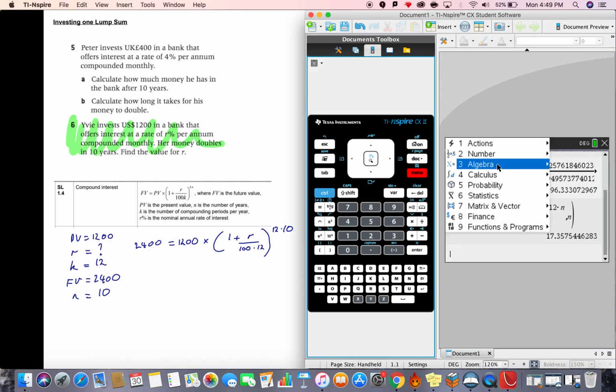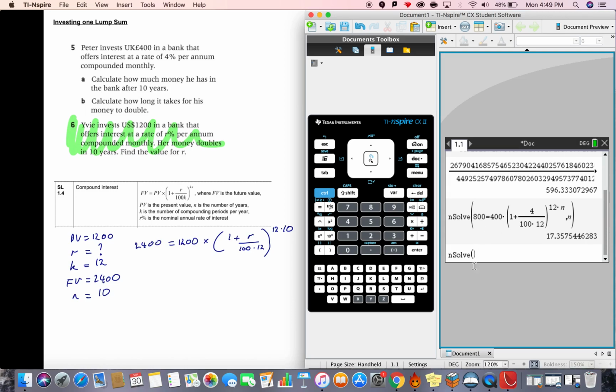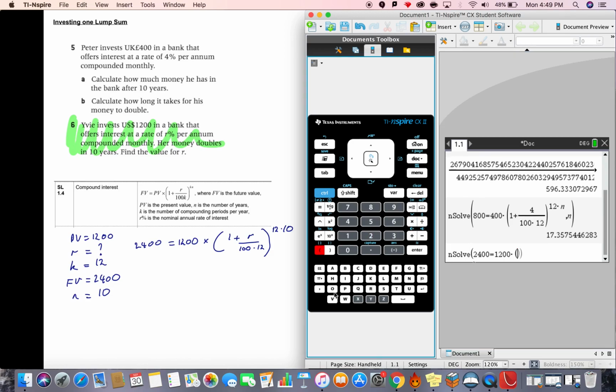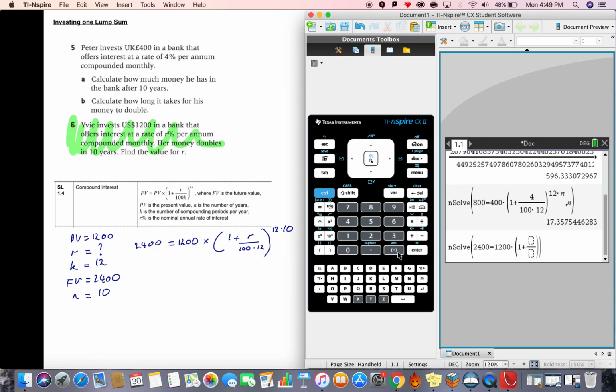Menu, algebra, numerical solve. Let's type in this equation: 2400 is equal to 1200 times, in brackets, 1 plus fraction button here, and this is R. I'm going to keep the variable R; you can change it to anything you like.